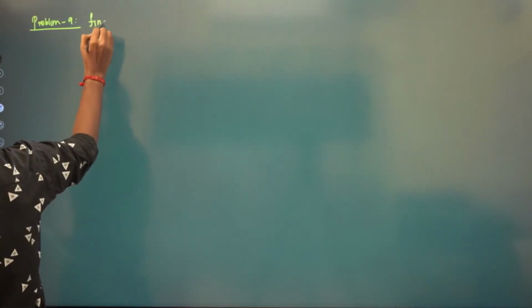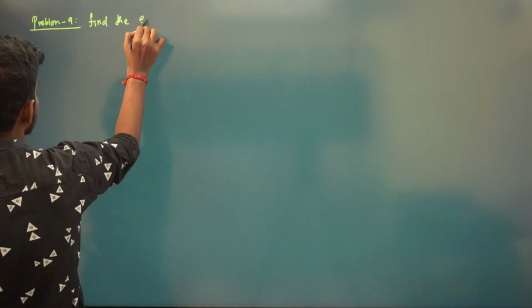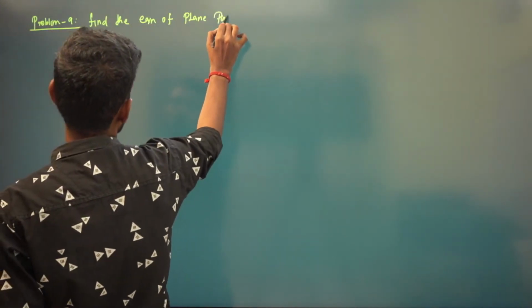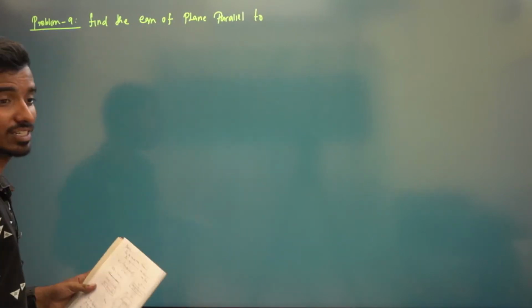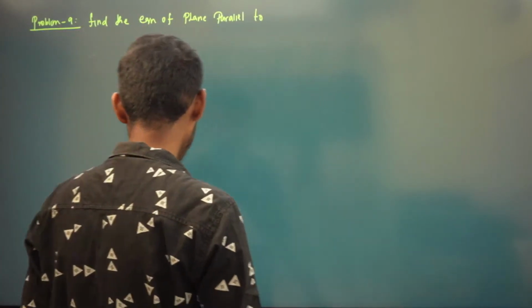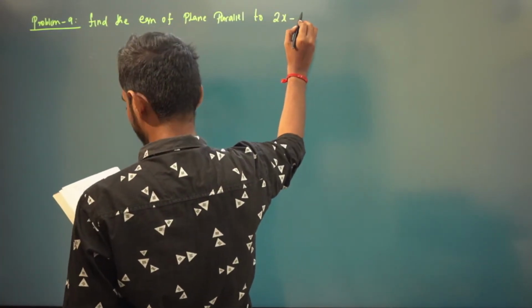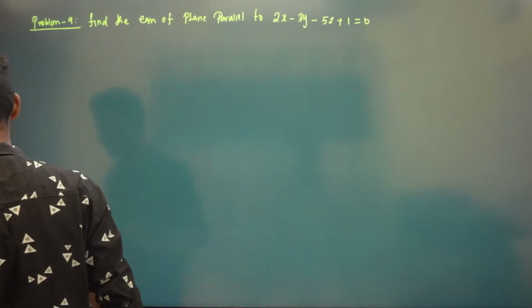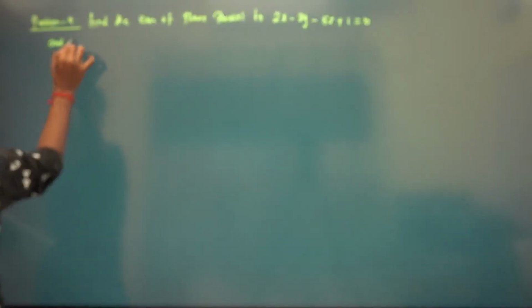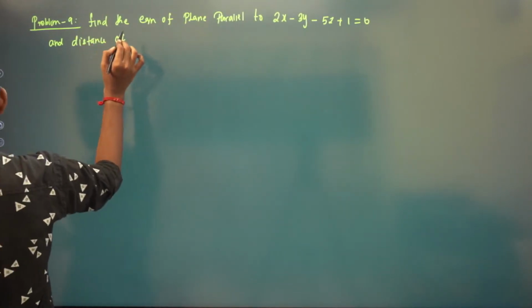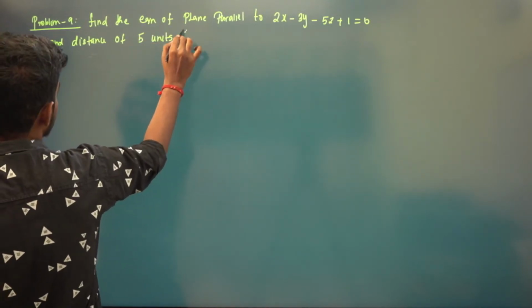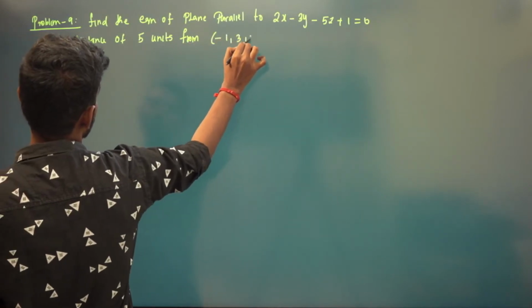Problem 9: Find the equation of plane parallel to 2x minus 3y minus 5z plus 1 is equal to 0 and distance of 5 units from minus 1, 3 comma.